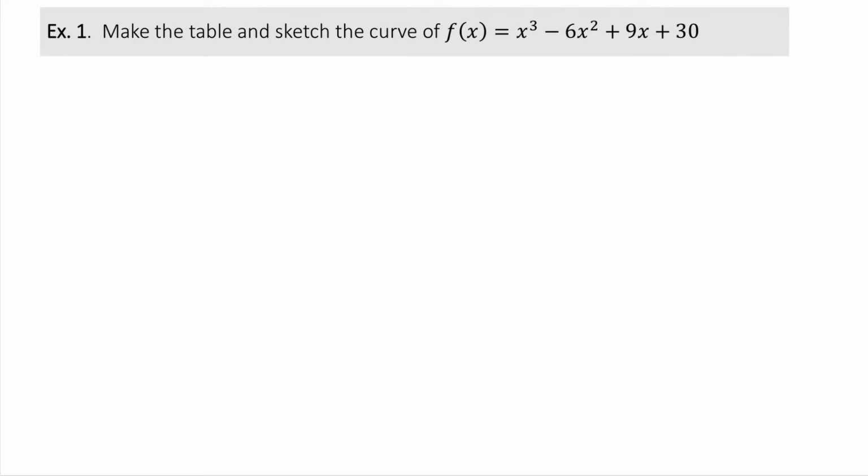So example 1 says, make a table, v-table, and sketch the curve of this cubic function here. So the first thing we're going to do is take the first derivative and set it equal to 0, to find out what our critical values are.